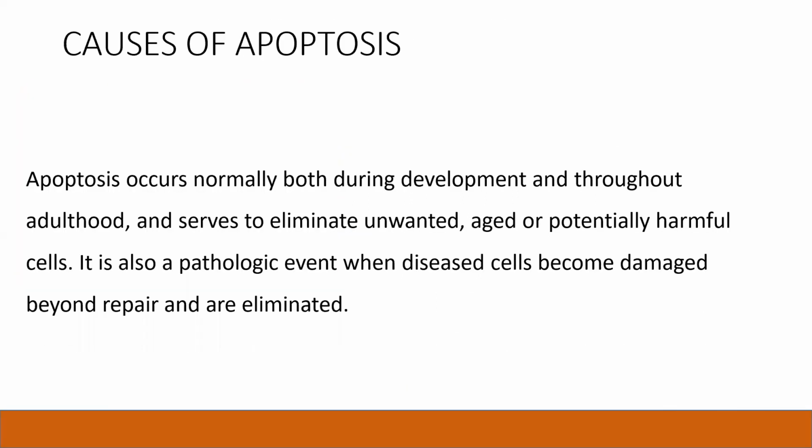So apoptosis occurs normally both during development and throughout adulthood, and serves to eliminate unwanted, aged, potentially harmful cells. It is also a pathologic event when diseased cells become damaged beyond repair and are eliminated.